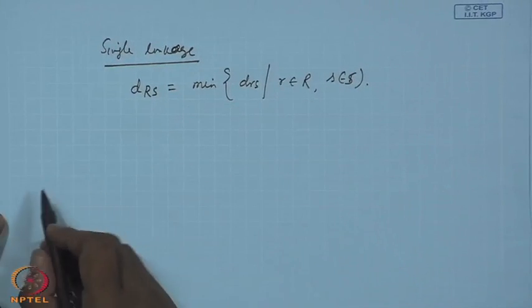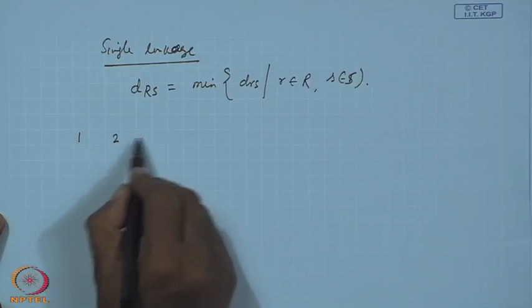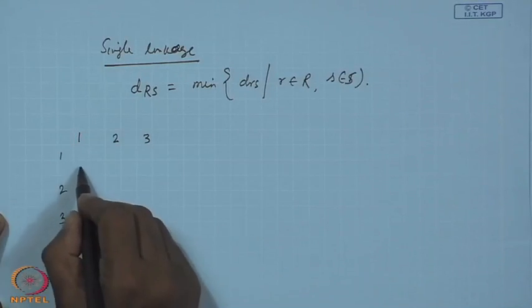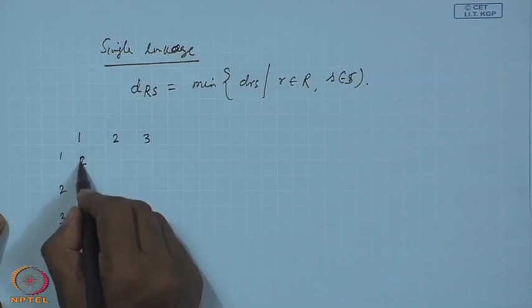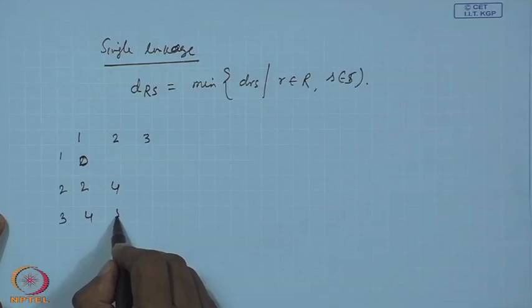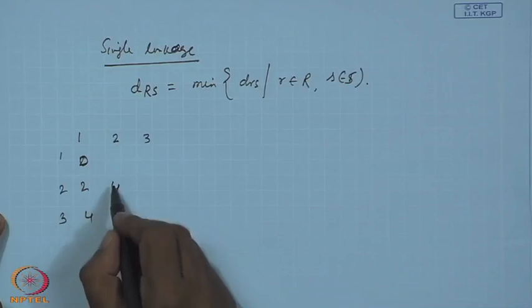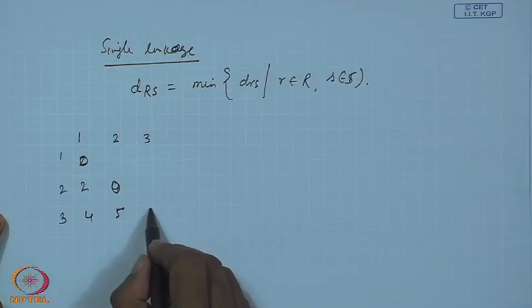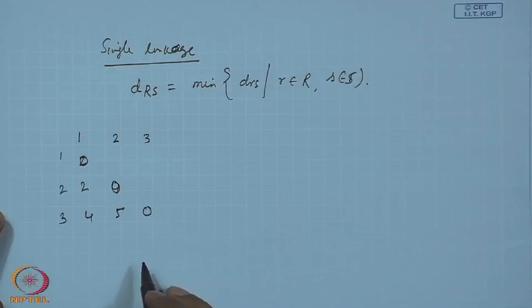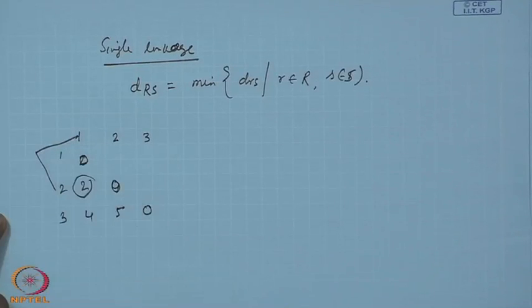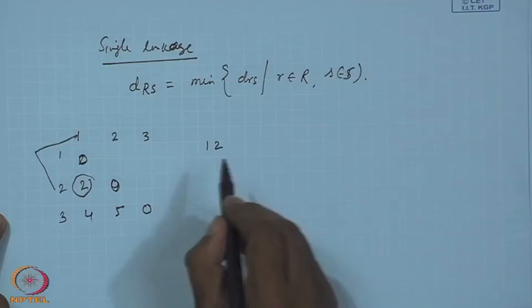So, we have seen earlier also, suppose there is 1, 2 and 3, and on this side 1, 2 and 3, and there are certain distances, let it be 1, 1, 0, 2, 4, and this one let it be 4, then 2, 2, 0, 5, then 3, 3, this will be 0. So, we first started with grouping, this is the minimum, we have grouped this. So, 1, 2 is grouped.